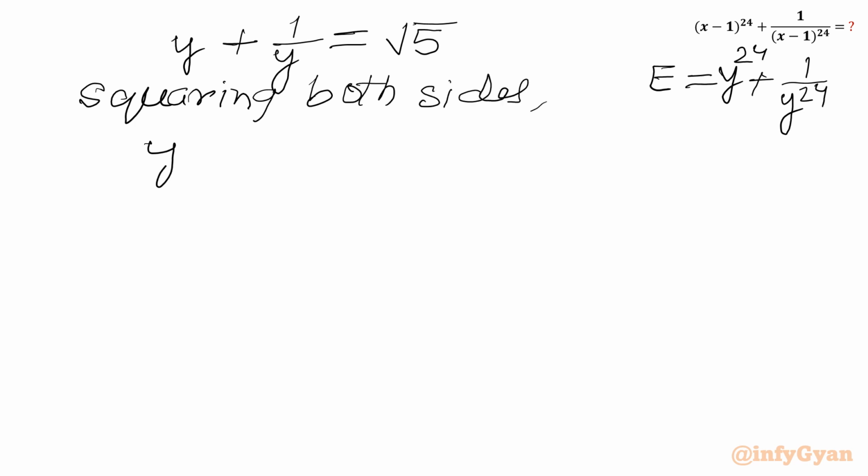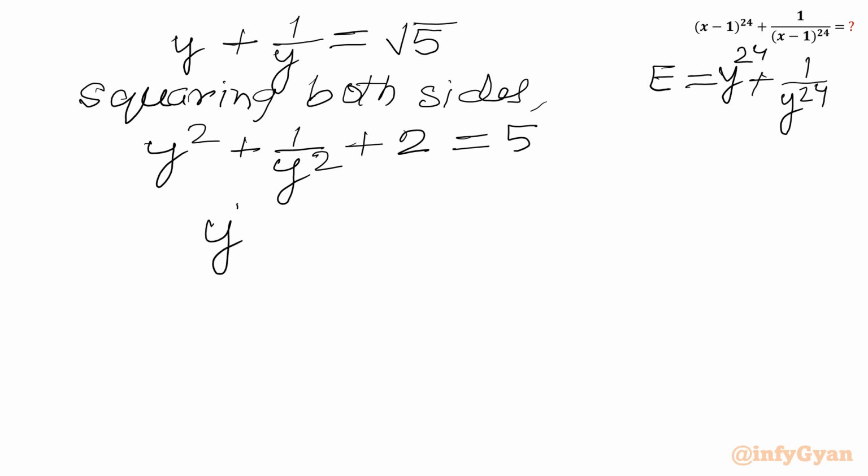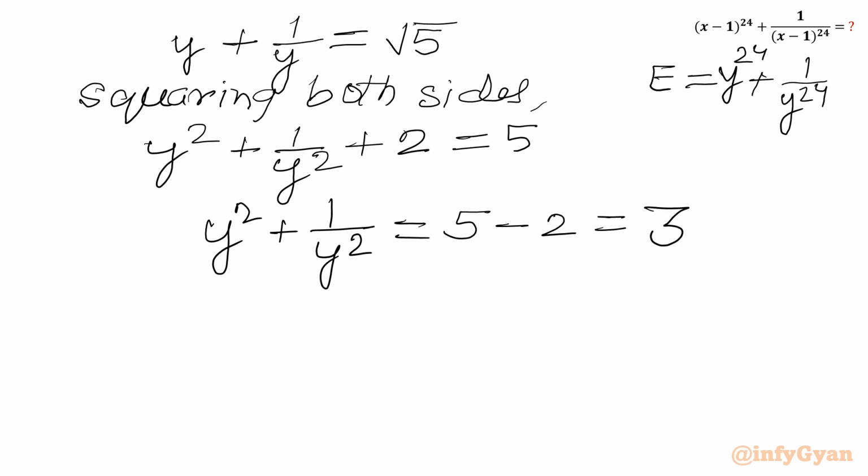We will get y square plus 1 over y square plus 2 equal to 5, where 2 times y times 1 over y, the y in the denominator and the y in the numerator will be over. So we will get from here y square plus 1 over y square equal to 5 minus 2, equal to 3. Again we will consider squaring both sides.